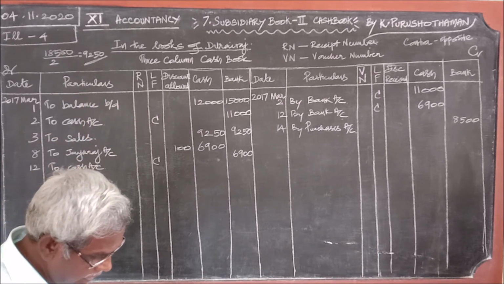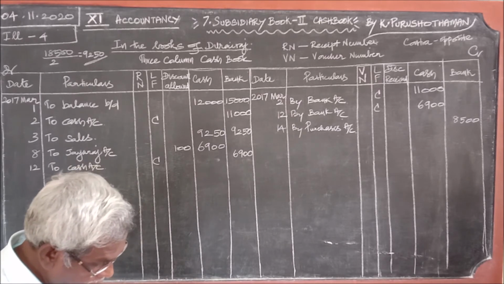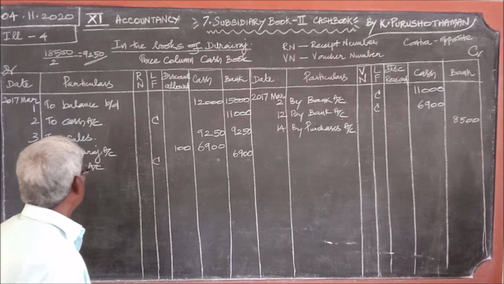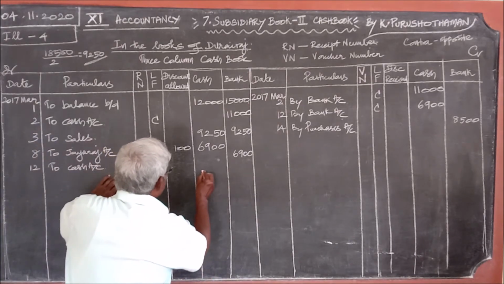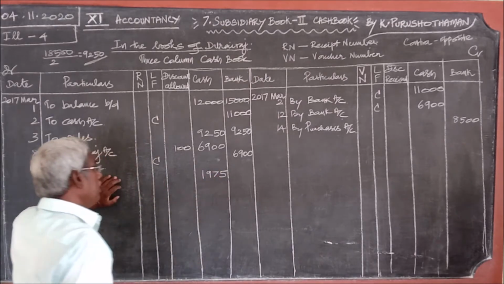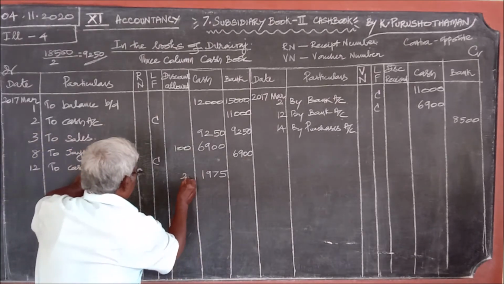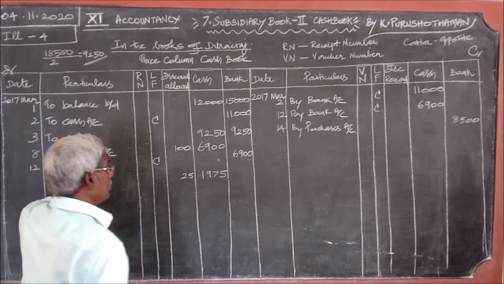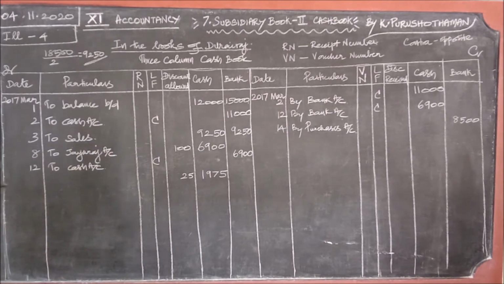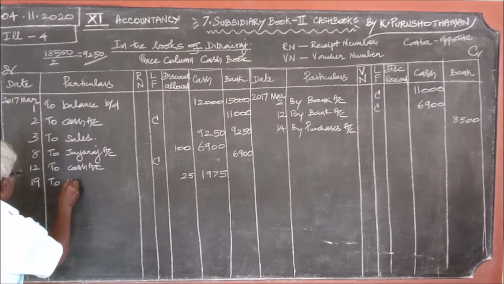Received a check from Kannappan in full settlement of his account of 2000. 1975 is received in full settlement of 2000. Therefore, 25 rupees is the discount. From whom is it received? From Kannappan. Therefore, on 19th, to Kannappan account.